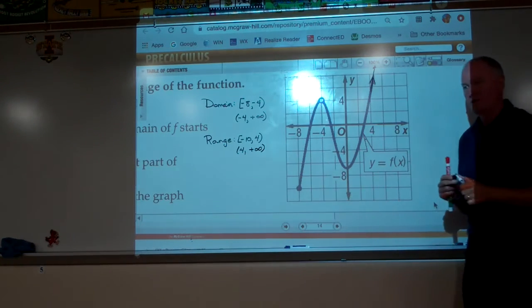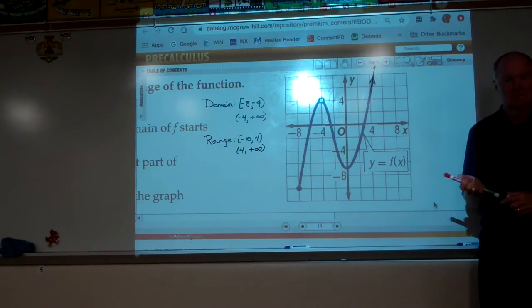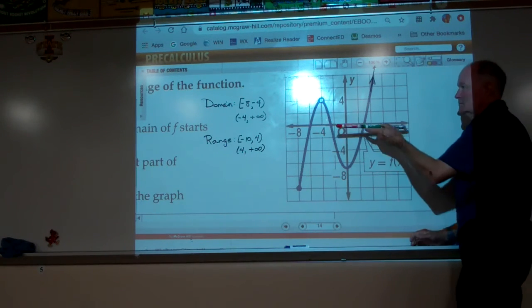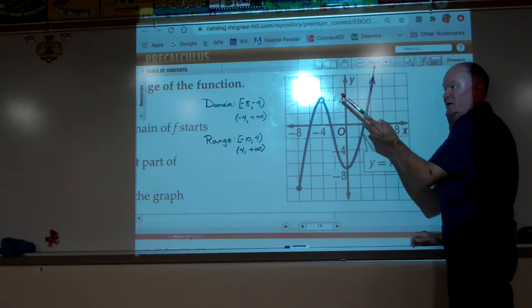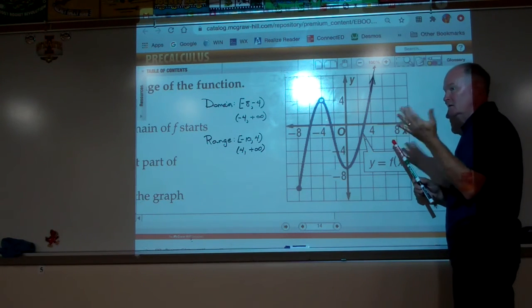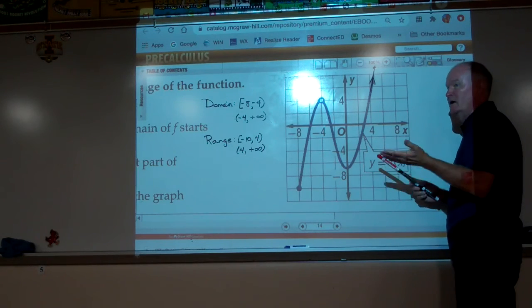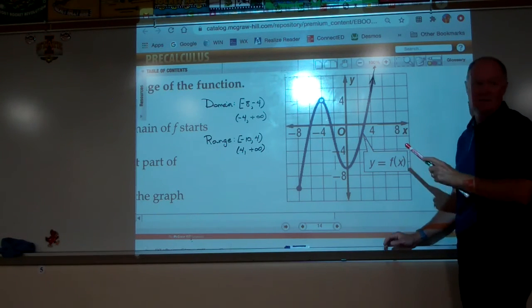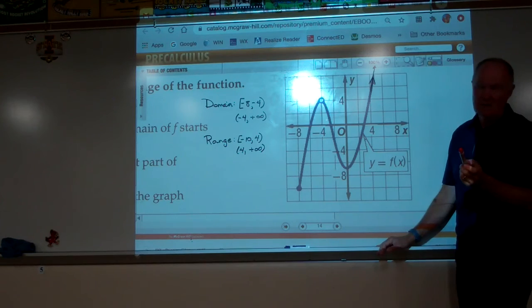Now, here's something kind of weird. Did I actually use 4? No. I didn't there, but it actually did on the other side. So really, the range of this thing, 4 works sometimes and sometimes it doesn't.